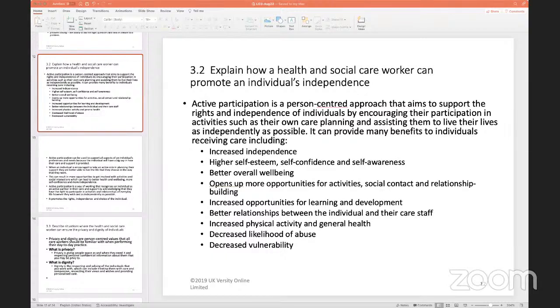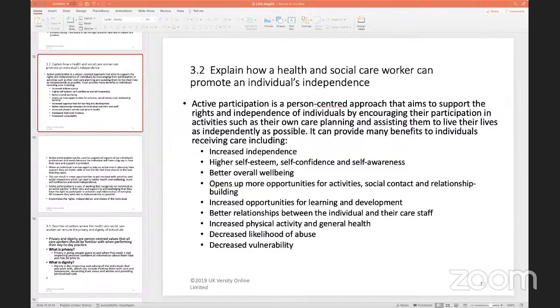So if I briefly go into the core principles of person-centered care, and obviously the 6 that we talk about, independence in general is one of them.